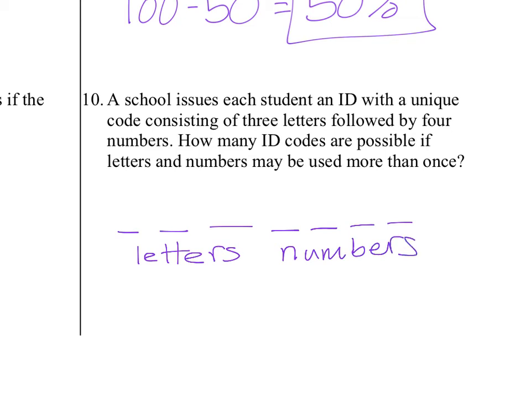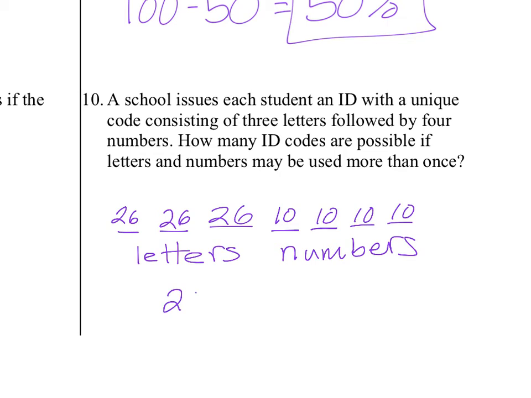All right, how many ID codes are possible if letters and numbers may be used more than once? So duplicates are allowed. That means I have 26 letters each time, and I have 10 numbers, 0 through 9, each time.